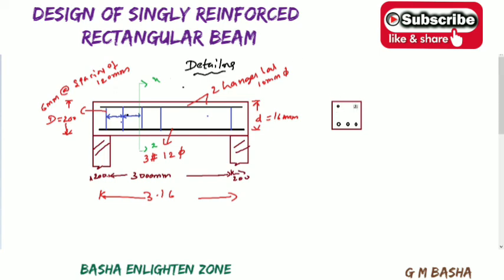And provide the stirrups, these blue color stirrups. First I am providing the stirrup and then the bars, because then it will be convenient for me to draw here. You can draw bars first and then stirrups.